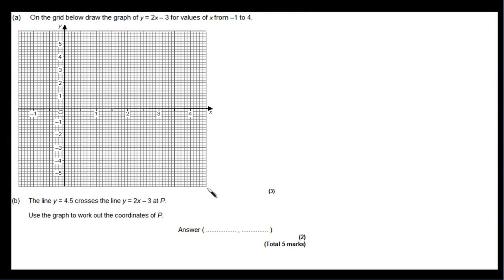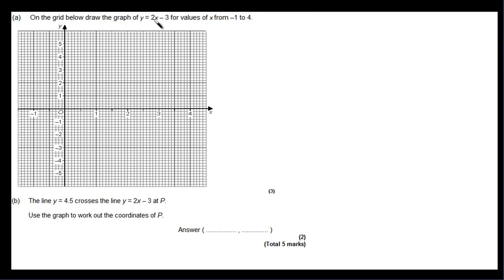Okay, well, let's try and understand it and see how we would tackle it. So what we've got to do is draw this function y equals 2x minus 3, and the very first thing we can say is that the y-intercept must be minus 3. That's because on the y-axis x equals 0.